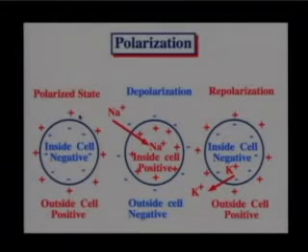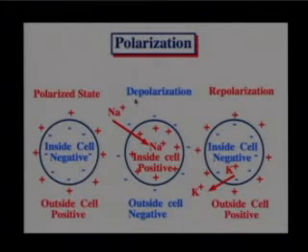When we refer to the polarized state, I often think of this as the ready state. The outside of the cell is positive and the inside of the cell is negative. Then when the electrical impulse goes across the cells, the polarity changes. It flip-flops, if you will, and the inside becomes positive and the outside negative.